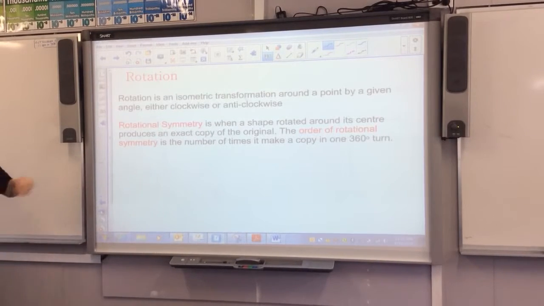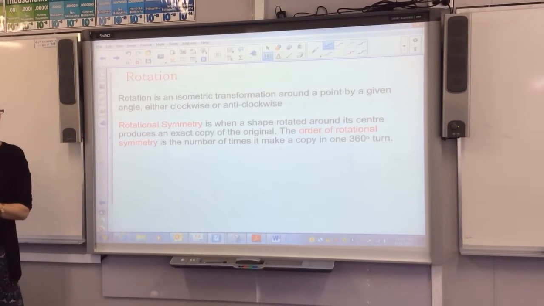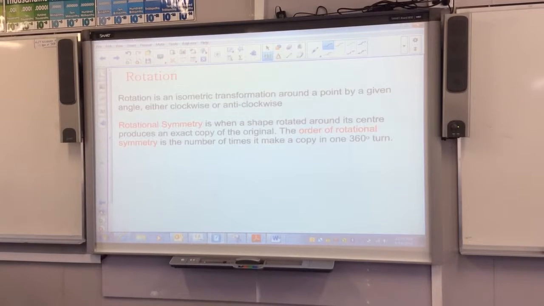Now, when you're rotating, there's a special thing called rotational symmetry. What does that mean? You put a dot in the center of the shape, and as you spin it, if it produces an exact copy of the original before you've gone a full circle, you count every time that happens.